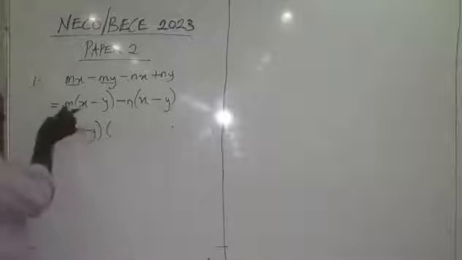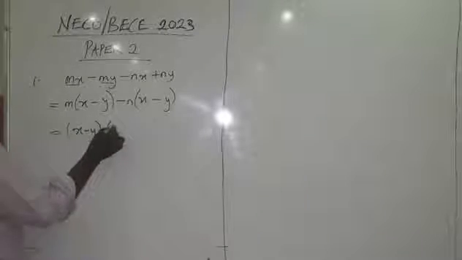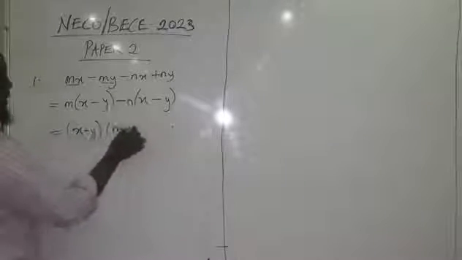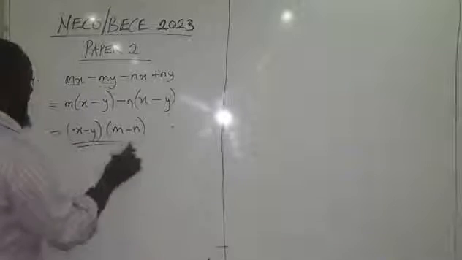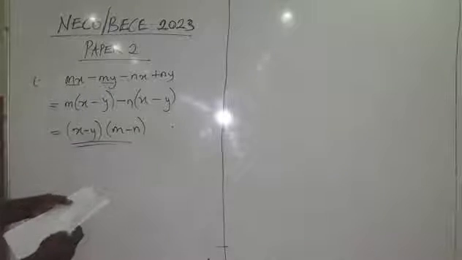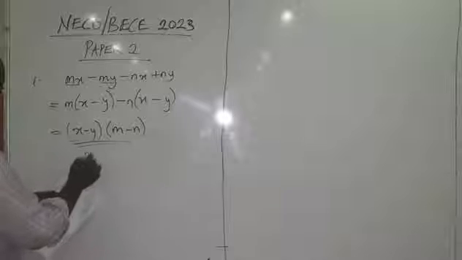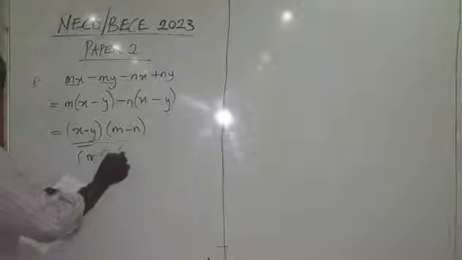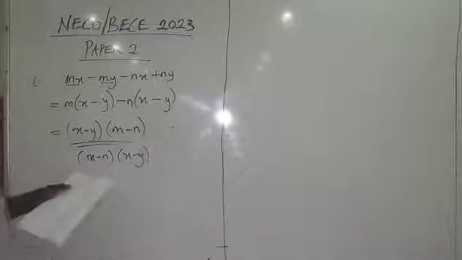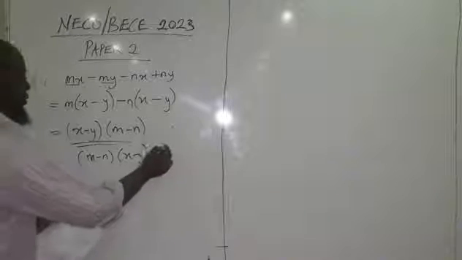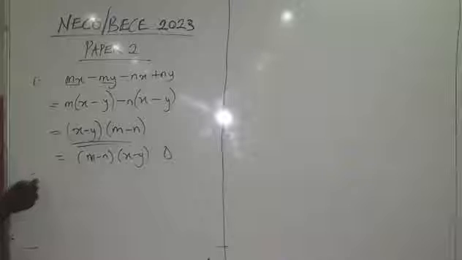Then you bring what you have outside the first bracket, which is m, combined with the second one, which is minus n. This gives us our answer, m minus n, then x minus y. That is option D. In the options we have it as m minus n and x minus y, so it's still the same thing. So that is option D. So we move to question number 2.